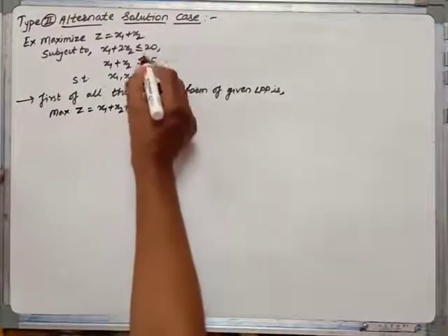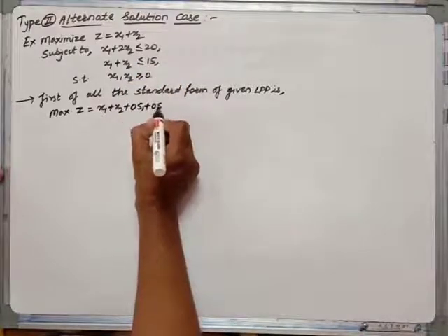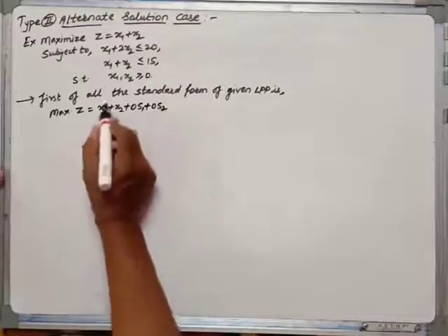Now the two constraints are of less equal type, so two slack variables are required, having coefficient 0 in the objective function.